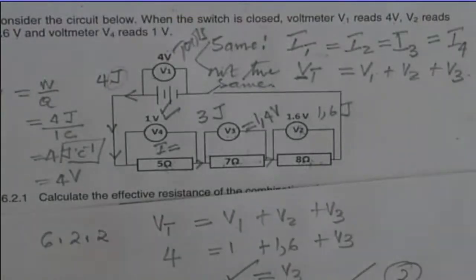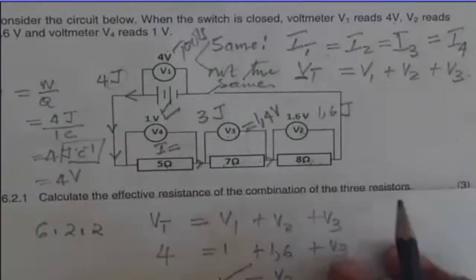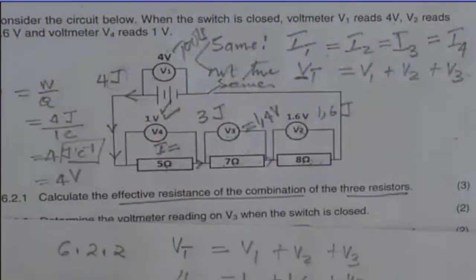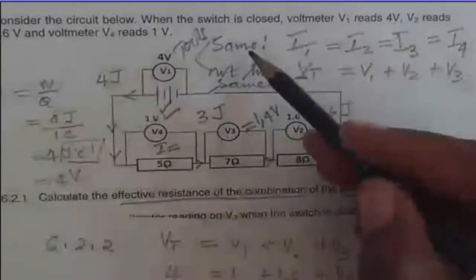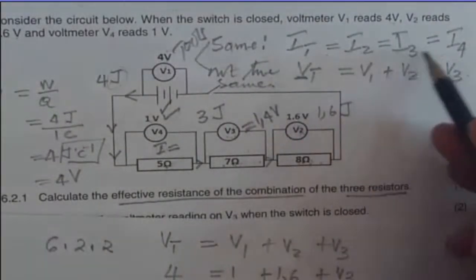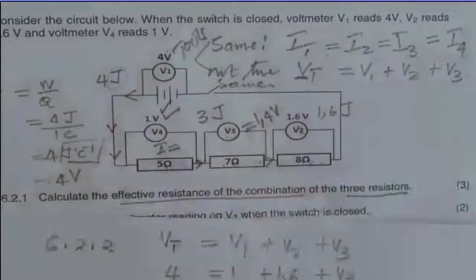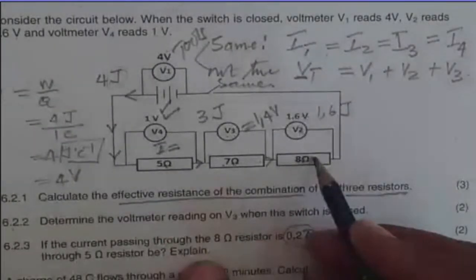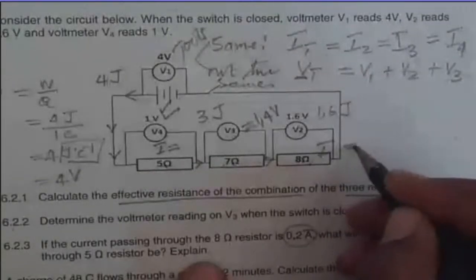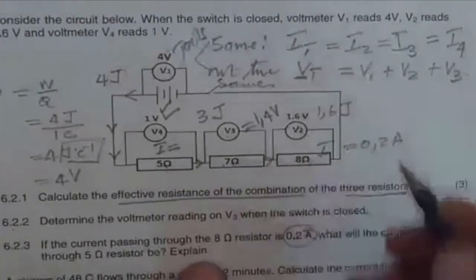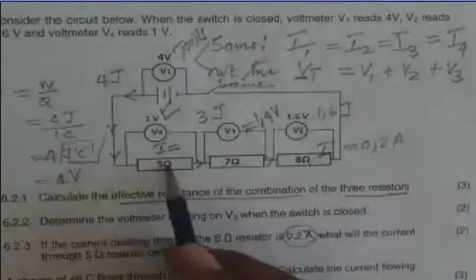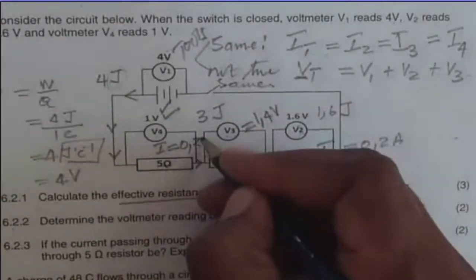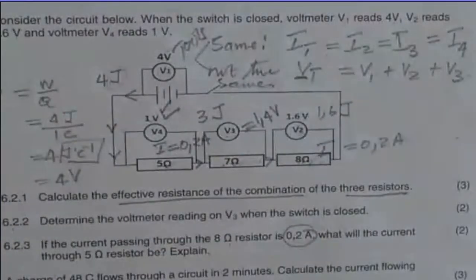You must know your tools. If you go to electricity, which tools am I going to have? You need them. Now, what is the same there? That will be the current. It simply means if the current passing through the 8 ohm resistor is 0.2, the current passing through the 5 ohm resistor will be 0.2 amperes.